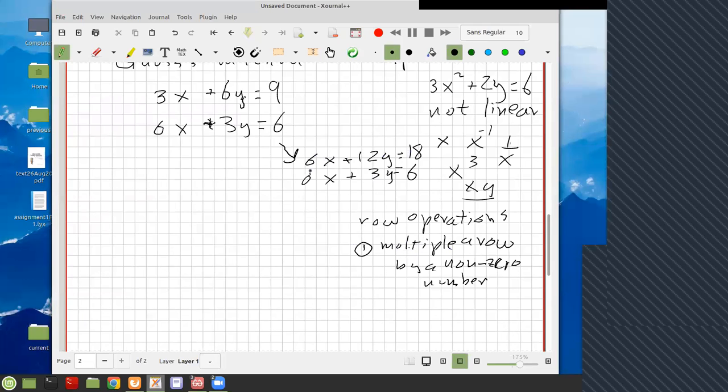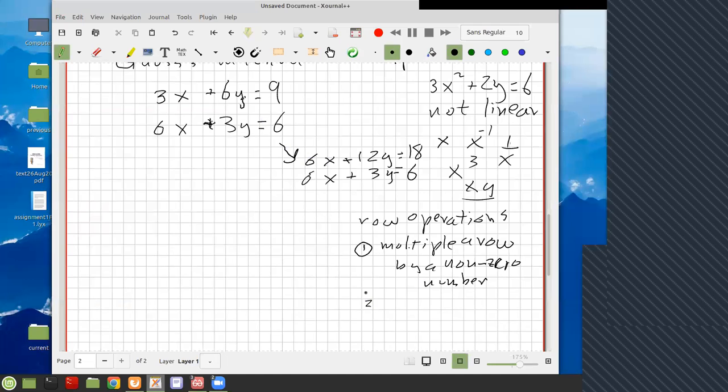I can multiply any row by a non-zero number. I can't multiply it by 0, because if I multiply this equation by 0, it would just remove that equation from the system, and it could change the number of solutions. So I can't multiply by 0.